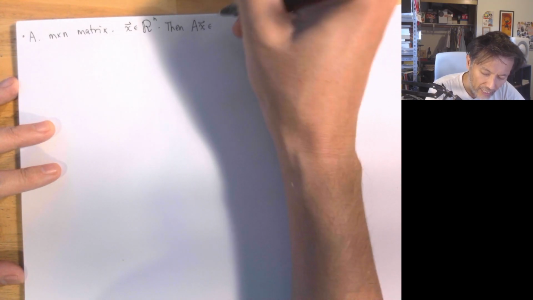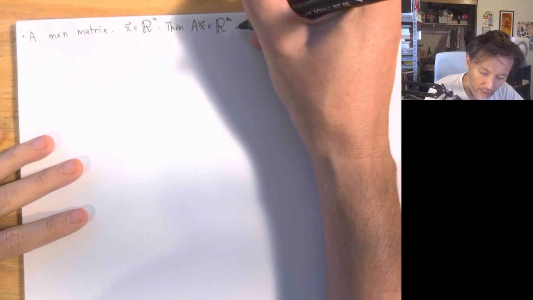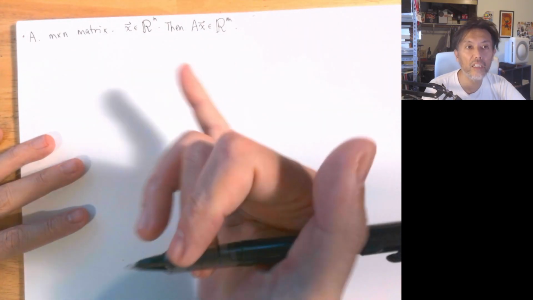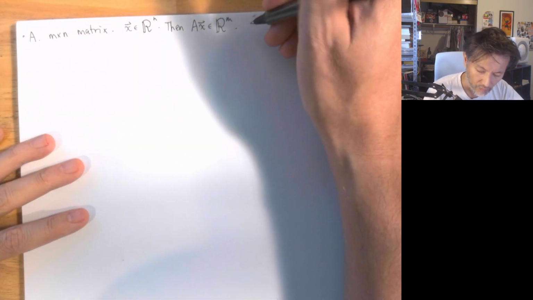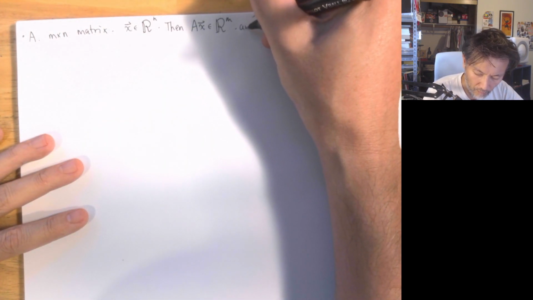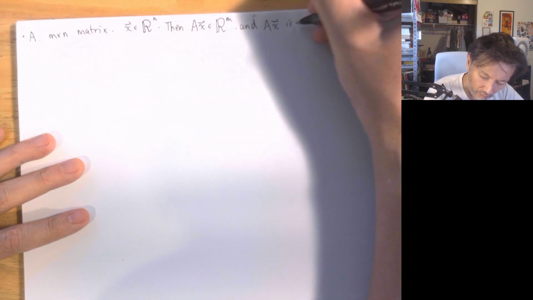And A times x is an element of R^m, right? And in particular, A times x is a linear combination of the columns of A. It's not just anything, it's a linear combination.